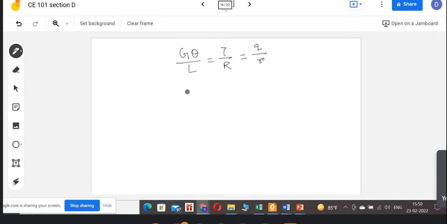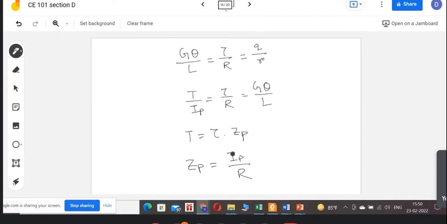Then one more expression we have found: T by IP is equal to tau by R equal to G theta by L, and this T also can be written as tau into ZP, and this ZP can be written as IP by R. So I have written all the expressions in one page so that you can write them down, because we have to solve numerical problems using these expressions.